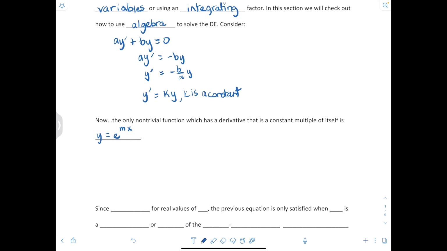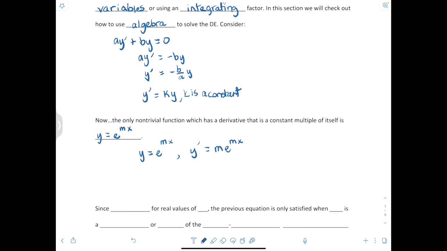So then we would have y is equal to e to the mx, right? Well, y prime would equal what? Beautiful. m times e to the m times x.